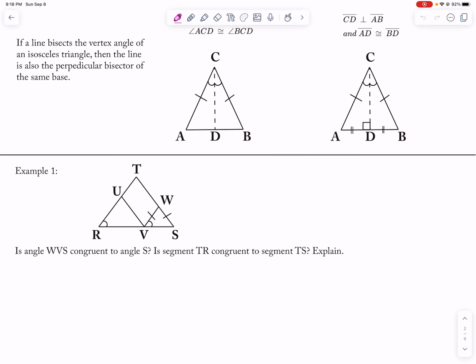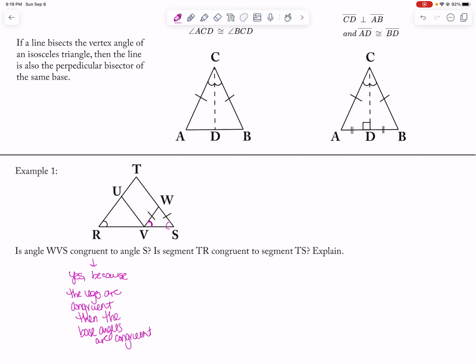If I look at example 1, I'm looking to see, is angle WVS congruent to angle S? Yes, because it's an isosceles triangle. Because the legs are congruent, then the base angles are congruent. The converse works the same way.